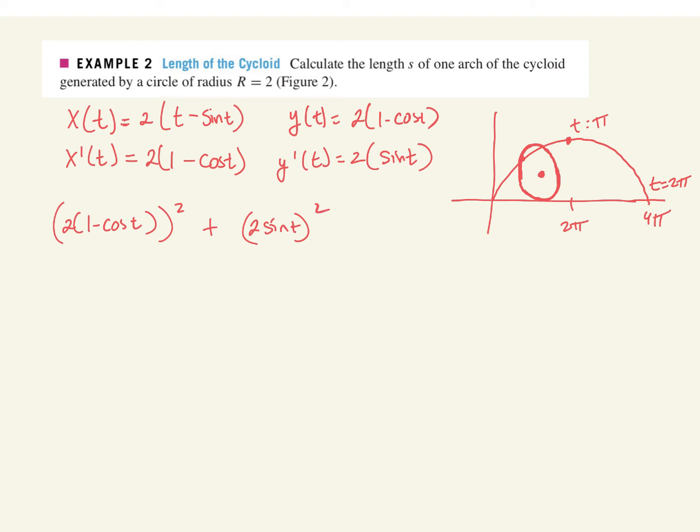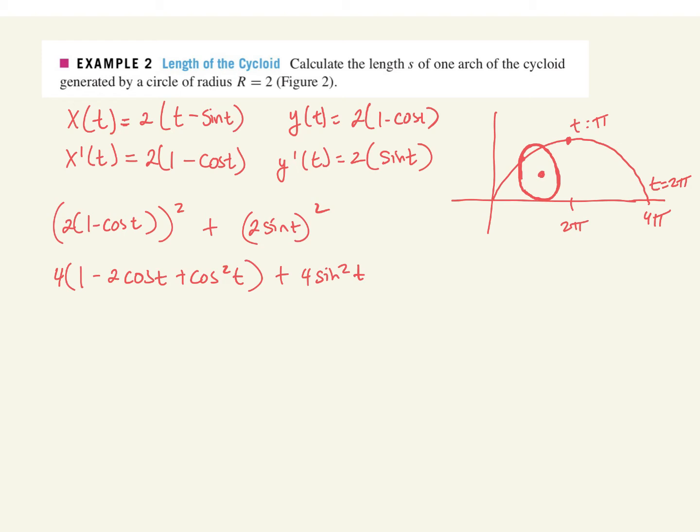We're going to have to FOIL out the 1 minus cos t. I'm going to keep the 4 out in front. So I have a 1 minus 2 cos t plus a cos squared t. And then I have plus a 4 sine squared t. Right?